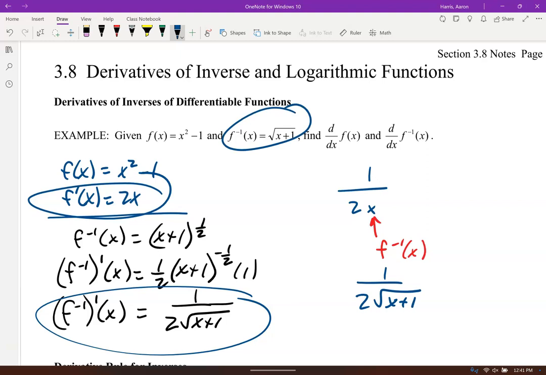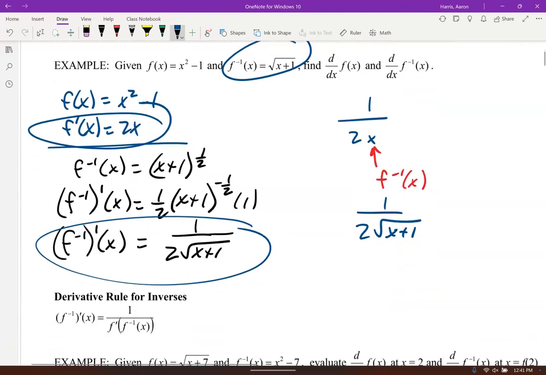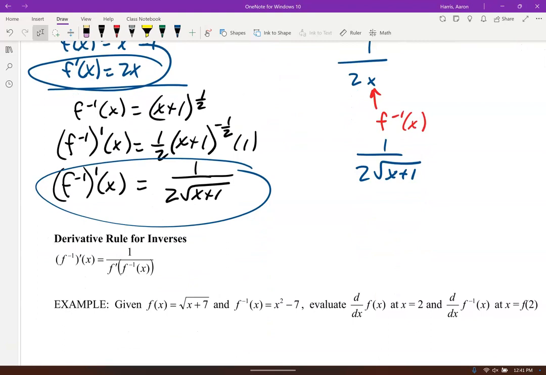Square root of x plus 1. That's the derivative of the inverse. And so that's your connection for that. The derivative of the inverse is 1 over the original derivative with the inverse plugged in.